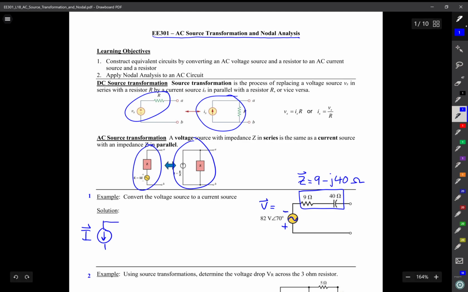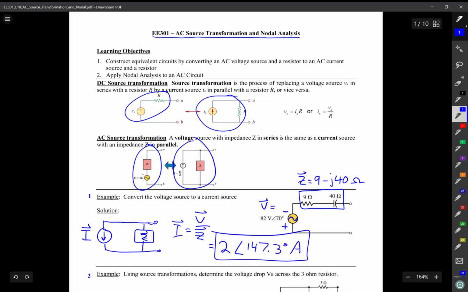Then I'm going to reconnect it to that impedance in parallel, and I'll call that Z, where I is equal to V over Z, which is equal to 2 with an angle of 147.3 degrees amps. And that's my source transformation.